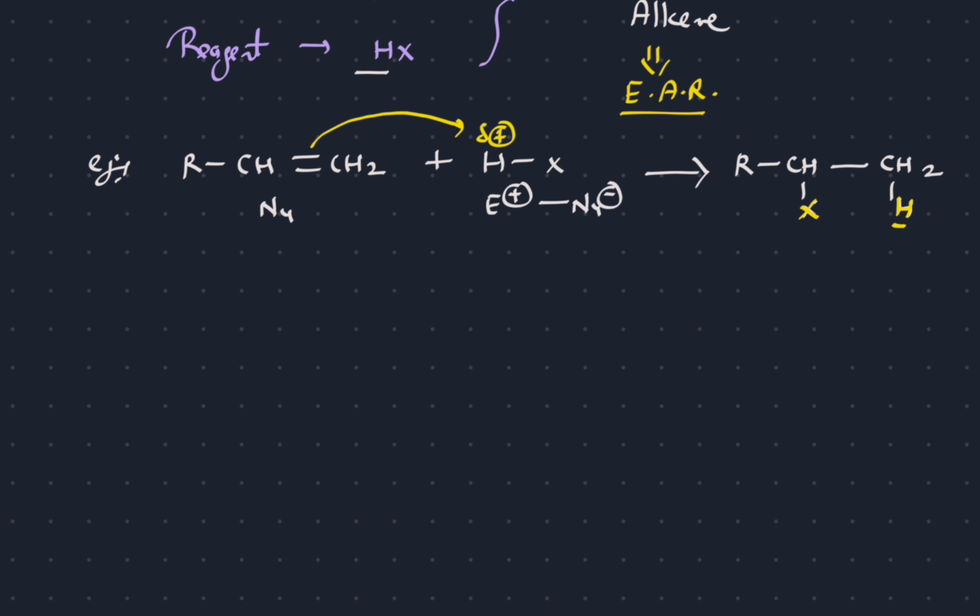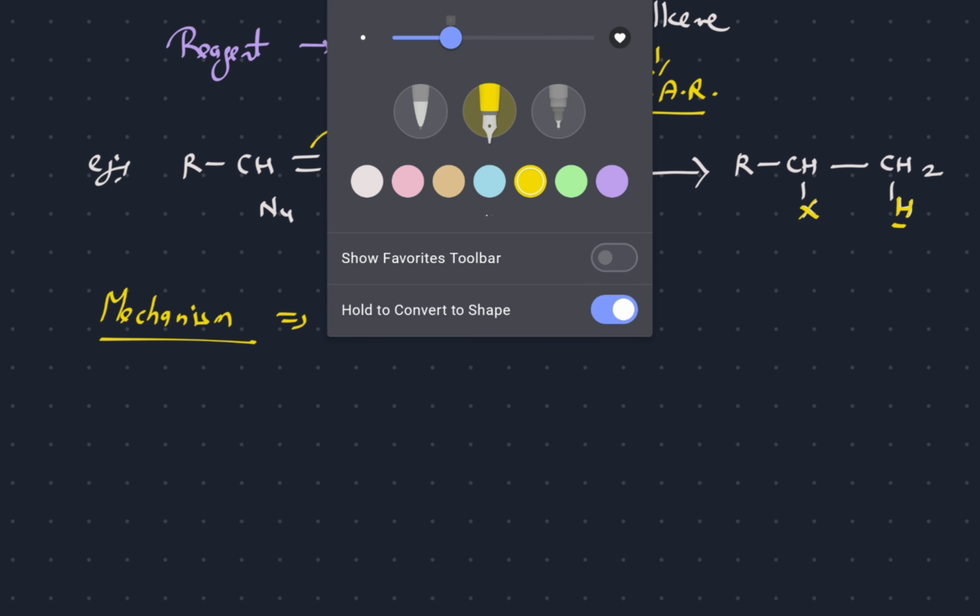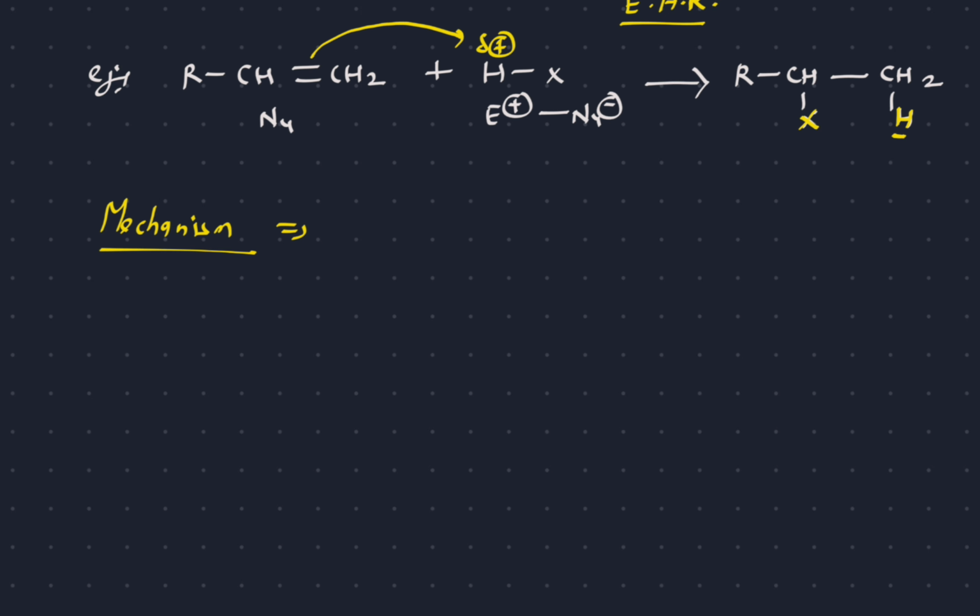Now we will discuss the mechanism, what exactly happens in this reaction. So in this reaction, we have R-CH double bond CH2.